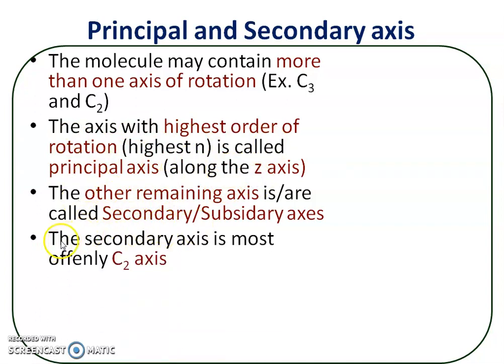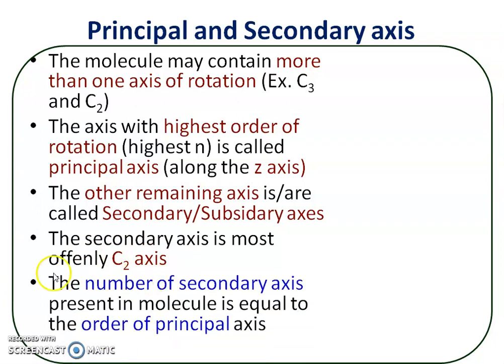Now it is very important to note that the secondary axis is most often a C2 axis. In most of the molecules, the secondary axis is C2. And the number of secondary axes present in a given molecule is equal to the order of the principal axis. Now what is the meaning of this?